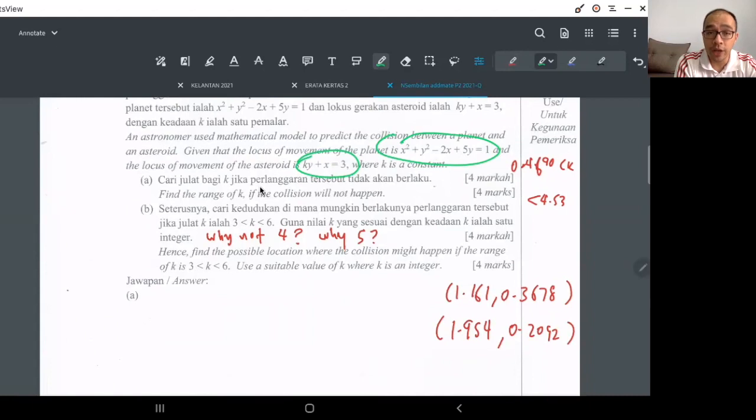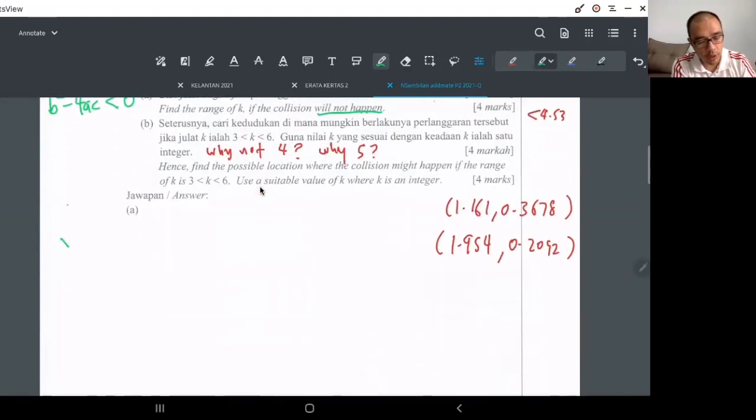Okay, find the range if the collision will not happen. Collision will not happen means that this locus and this line do not meet. When you hear the words do not meet, you're thinking of b squared minus 4ac is less than 0.